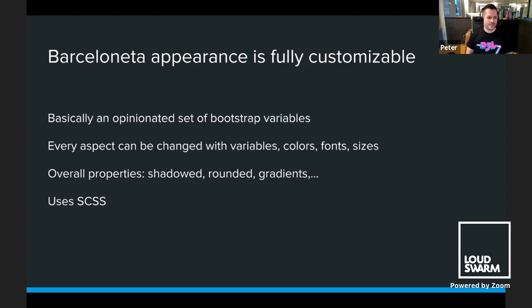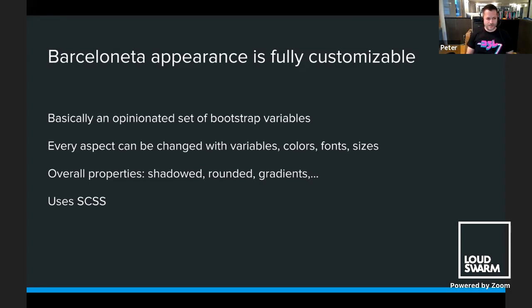And I think we kind of did a pretty good job making it look like Barceloneta before. You can really change every aspect of the theme by variables. Doesn't matter if it's colors, font sizes, spacings, grid gutters, whatsoever.